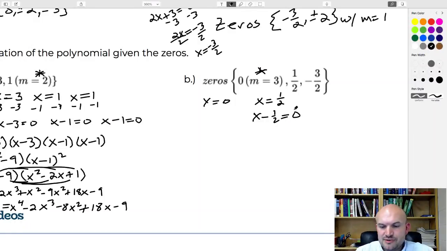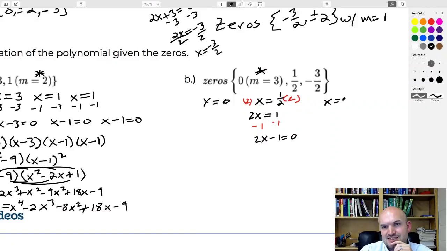So what we're going to want to do here is multiply by 2 on both sides. And then what you'll get is 2x equals 1. And now what you can do is subtract a 1 on both sides. So therefore, you'd get 2x minus 1 equals 0.